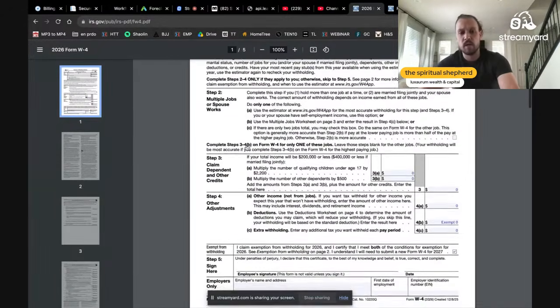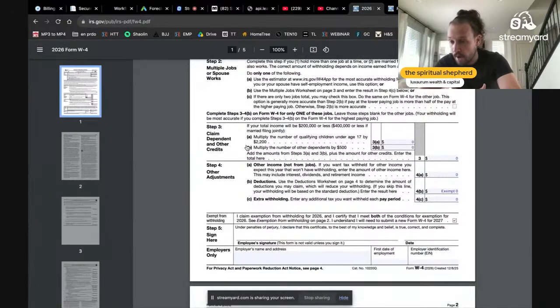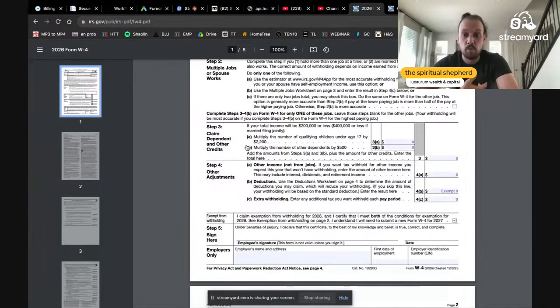Okay. So step 3, you're not going to fall for their trap. You're not going to fall for their trap where they say, hey, if you make $200,000 or less, then multiply any qualifying children under age 17, you can get an extra $2,200 per person. Don't fall for it. Don't fall for it. Okay, don't fall for it.